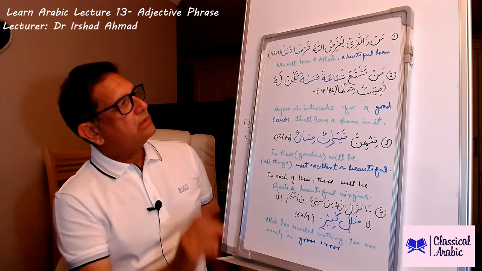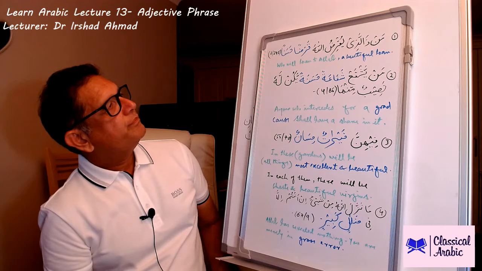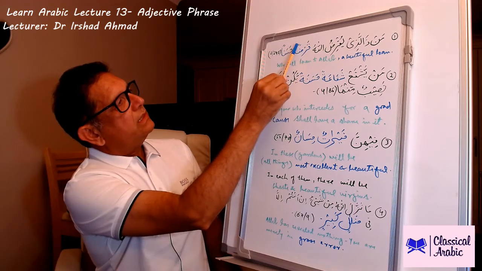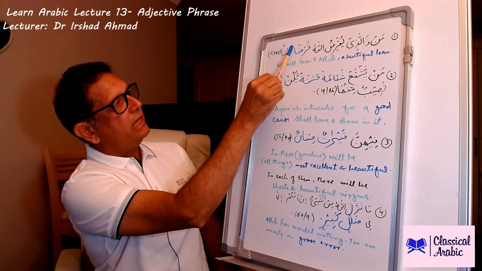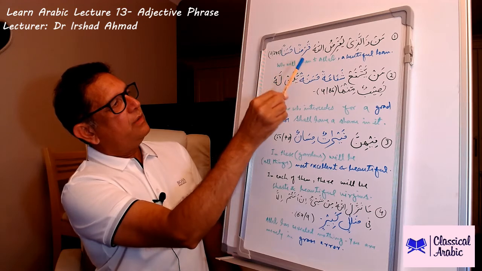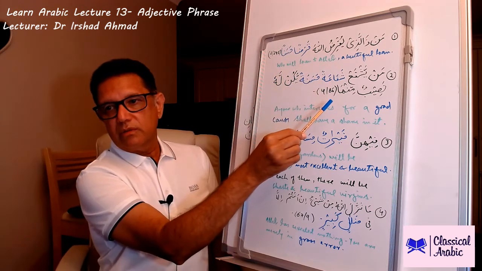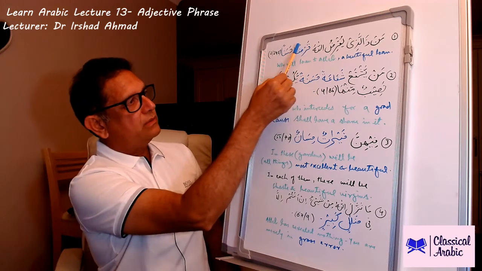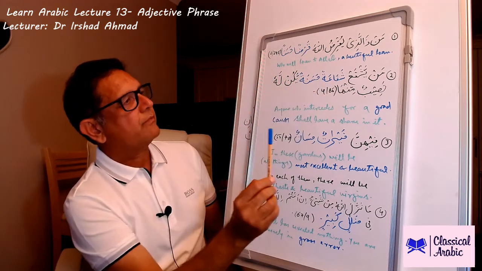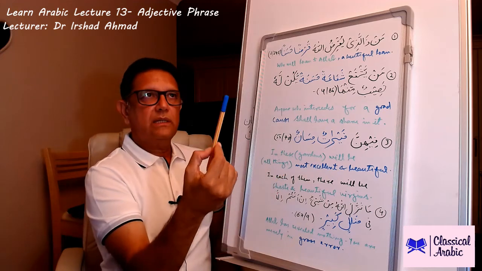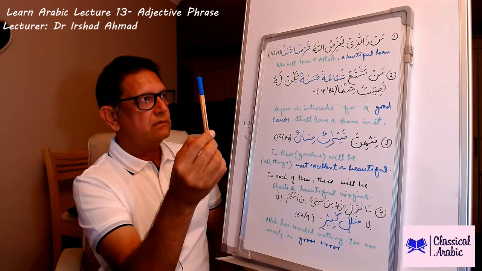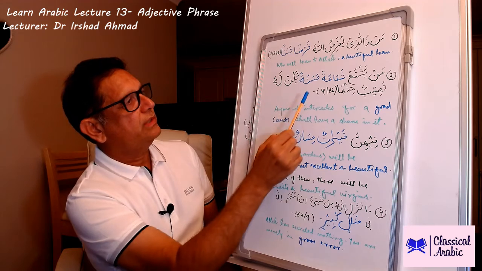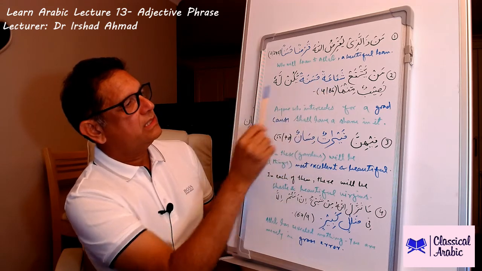And another point to note is that when we write a noun in nasab, we add alif here, but when it ends in ta marbuta, we do not add alif. So that's the spelling rule, and that is the exception. We discussed this, I think, in one of the videos, third or fourth video, shafa'atan hasanatan.